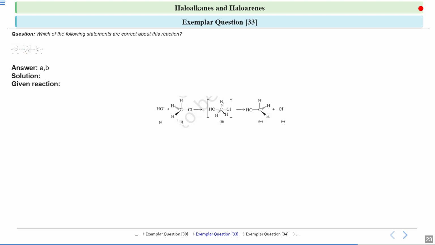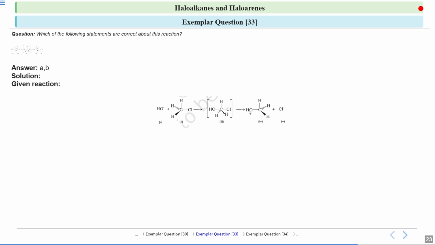You get the transition state where the carbon is forming 5 bonds at the same time, right? Then you get your final product after the breaking of the carbon-chlorine bond and the formation of the hydroxyl-carbon bond.